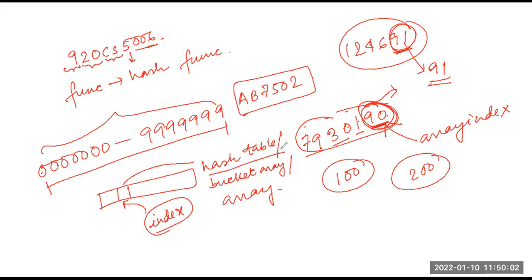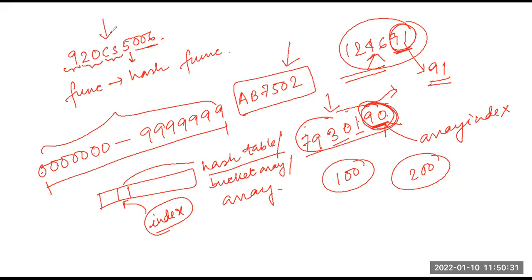That means, from the employee ID, I won't consider the last 2 digits or the front 2 digits as my key. Like this, I won't compare. I will have a hash table. I will have a hash function. I will apply the hash function on my key. This is one key, this is one key, this is one key.